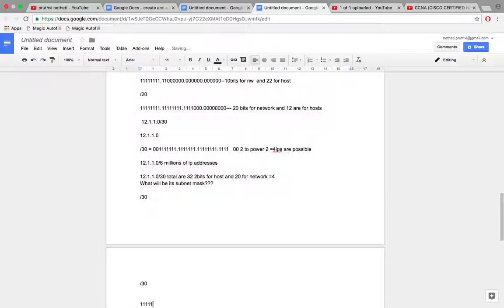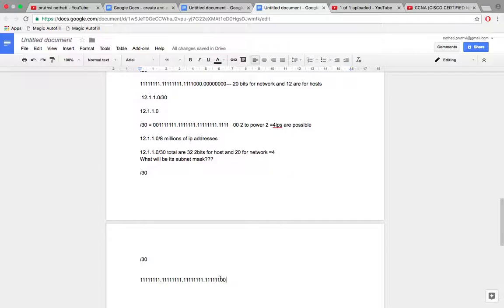So /30, right? How will it be? 8 ones, 8 ones, 8 ones, then 24, 25, 26, 27, 28, 29, 30, and 2 zeros. So this is how your /30 representation is. So see where the zeros are. Here are the zeros. So leave these octets. Your main aim here is to write the subnet mask, so leave all these octets and go here.